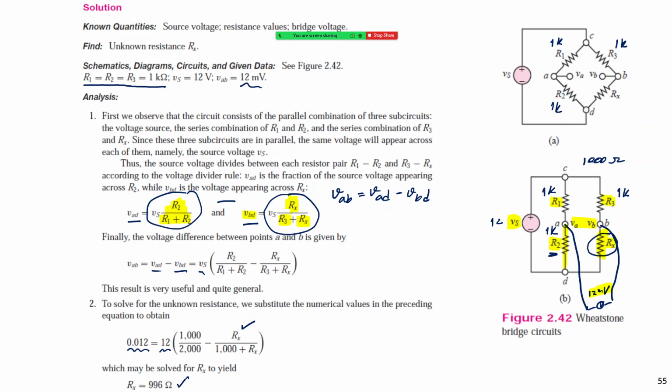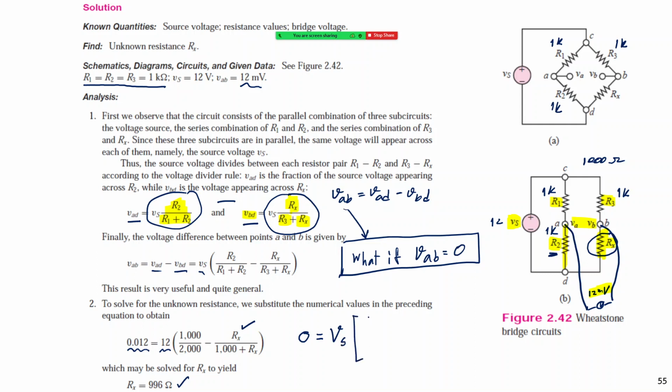Then what happens if VAB equals 0? If VAB equals 0, you will get 0 equal to Vs times R1 divided by R1 plus R2 minus Rx divided by R3 plus Rx.